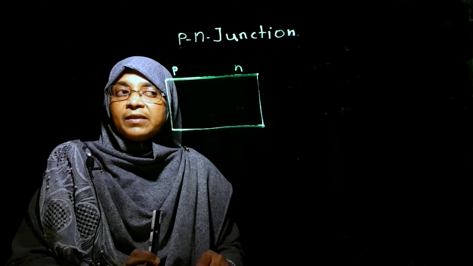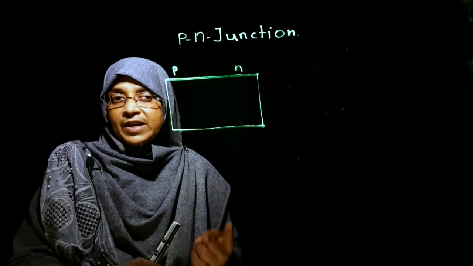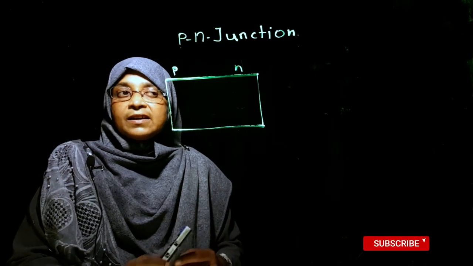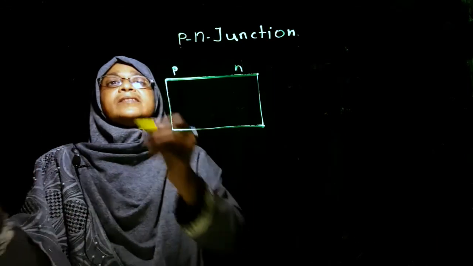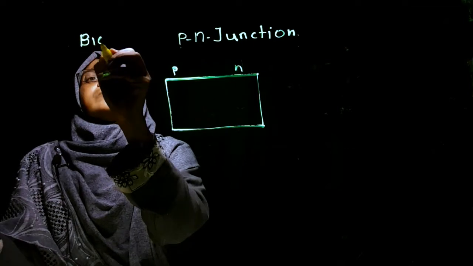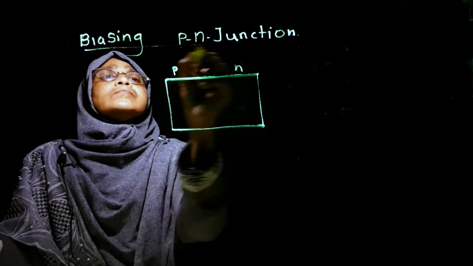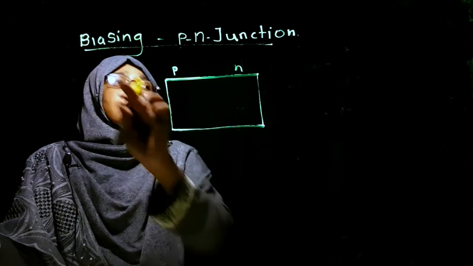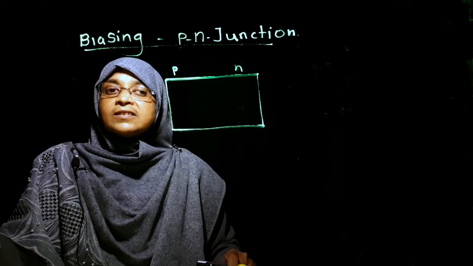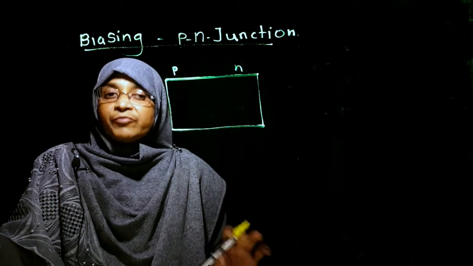This battery can be connected in two ways. Connecting a battery is called biasing. Biasing the p-n junction can be done in two ways.